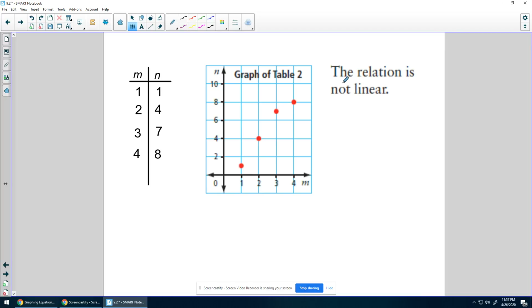After plotting these points, you can see right away the relation is not linear. It's not linear because this goes up by 3, this goes up by 3, this goes up by 1, so that's not going to work right off the bat. So we know that this is not linear, therefore we cannot create a linear relation.